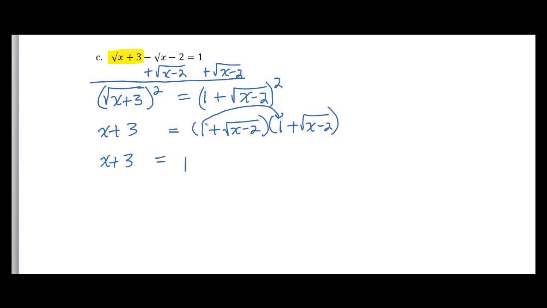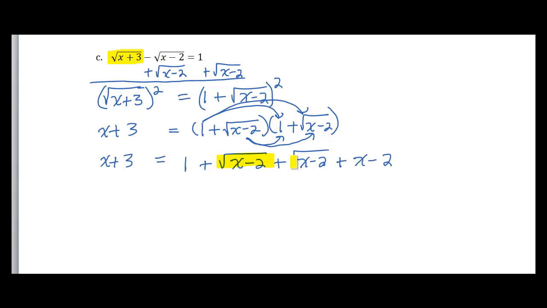That would be 1 plus the square root of x minus 2, plus the square root of x minus 2. And when I multiply two square roots that have the same radicand, I'm just left with whatever's under that radical, which is x minus 2. Now we're going to combine like terms.